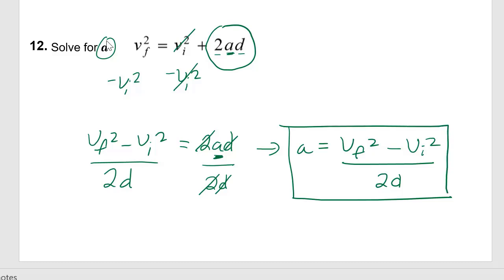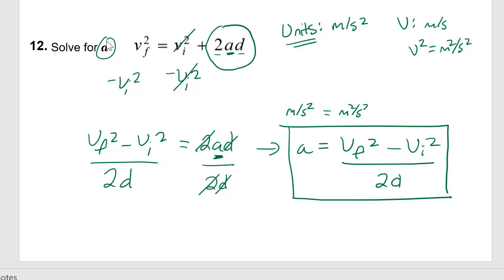And again, just to make sure you rearranged it right, the units need to work out. The units for acceleration are meters per second squared. The units for velocity are meters per second, so velocity squared gives us meters squared per second squared.